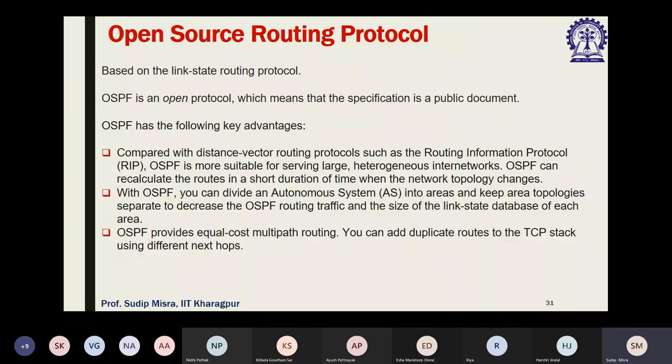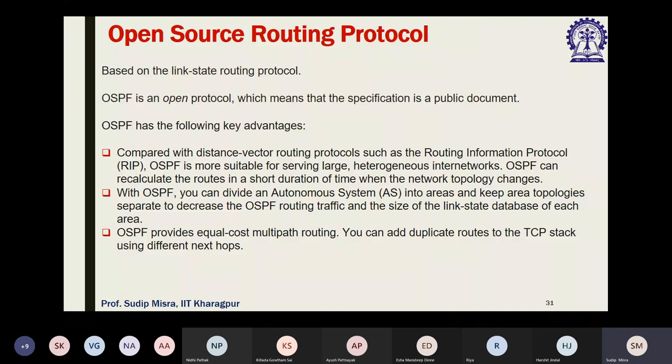Remember what I told you? RIP is designed in such a way that the maximum number of hops supported is 15. OSPF goes beyond that.